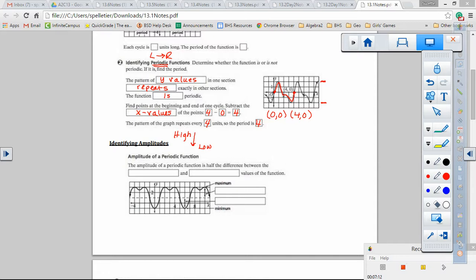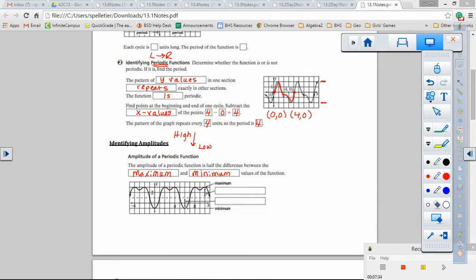The amplitude of a periodic function is half the difference between the maximum point and the minimum point.